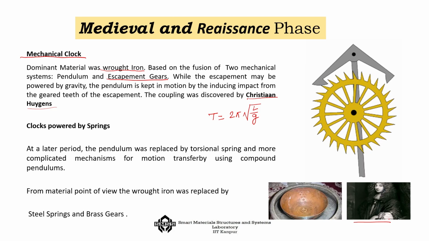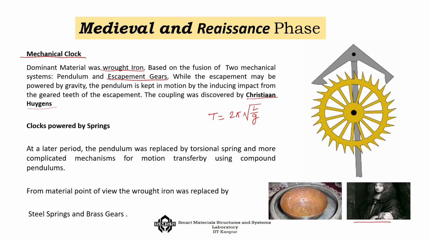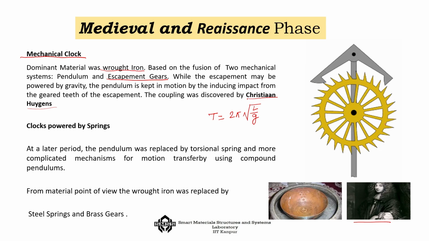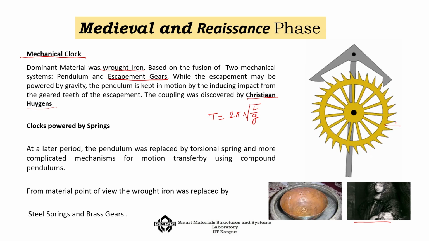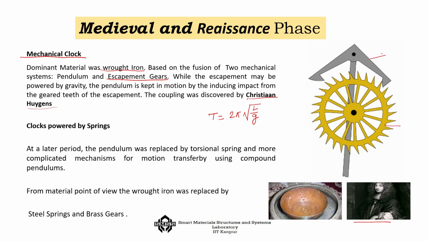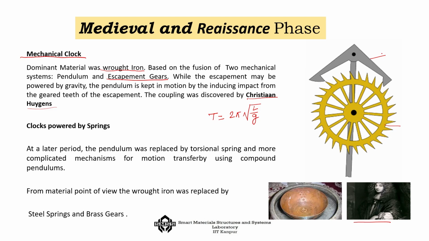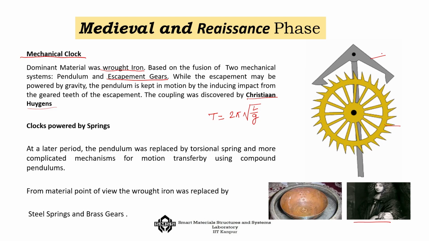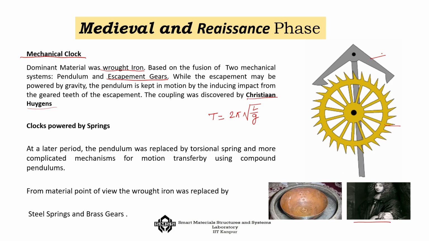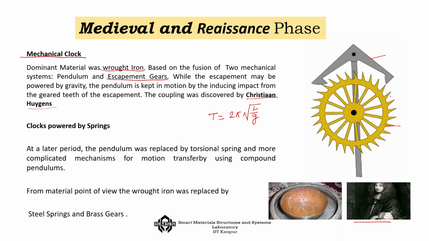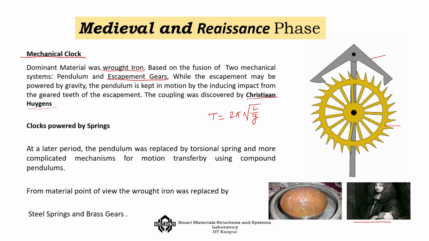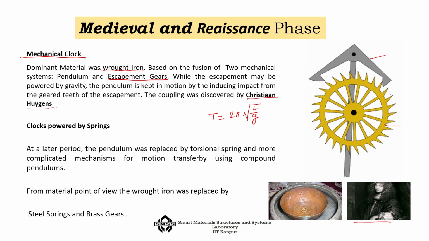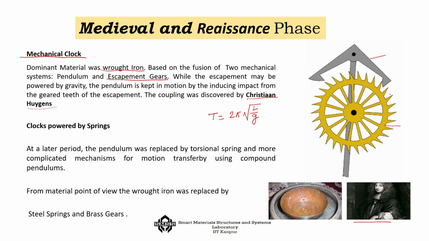Now, this entire system is so simple that you can cast this, okay, and you can cast the second one. So you can actually make the entire system in wrought iron. Okay. However, people later discovered that cutting this kind of a gear tooth is something which can be done with a better material, and that is how the brass came into the picture.